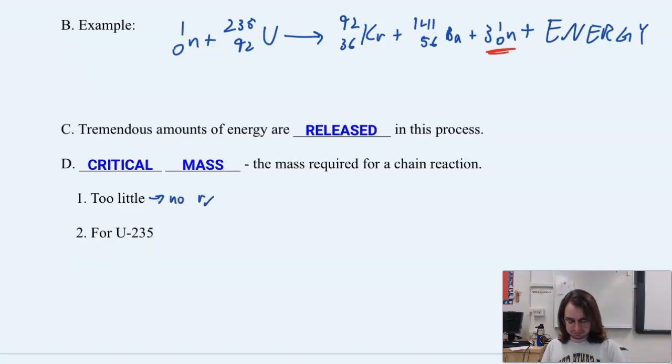It just does not cause a chain reaction, and that's it. For example, with uranium, not that this is something you would need to know, we need about 40 kilograms of uranium to start a chain reaction, and then the reaction starts going.